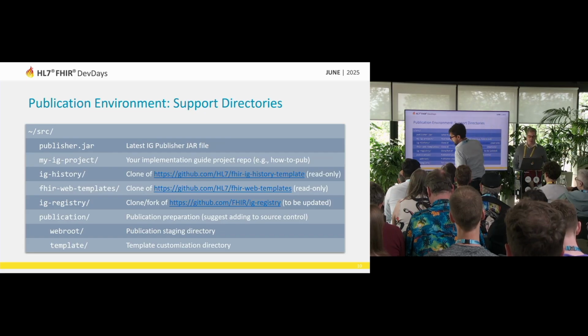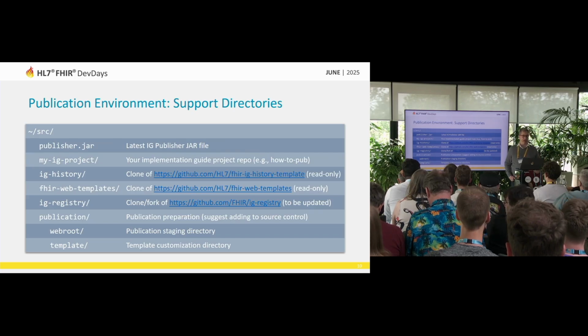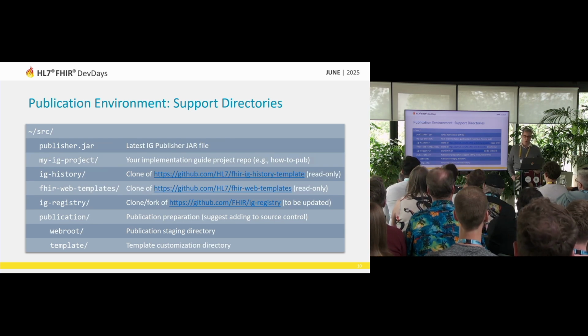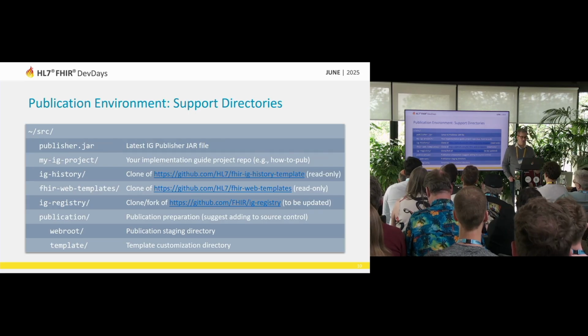FHIR web templates are a set of templates we could customize to make the styling of that history page match the styling of our IG template. And IG registry is the master list of IG publications known to FHIR tooling. We're going to need to make some updates to it to tell it about our guide. So I've forked the repo, and theoretically we'd be using my copy.